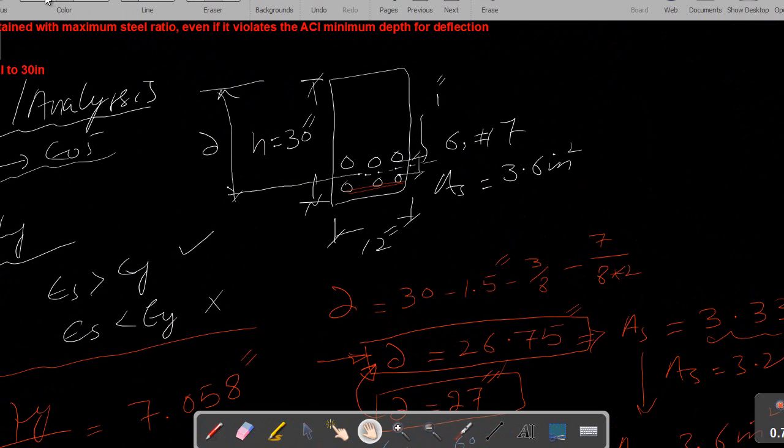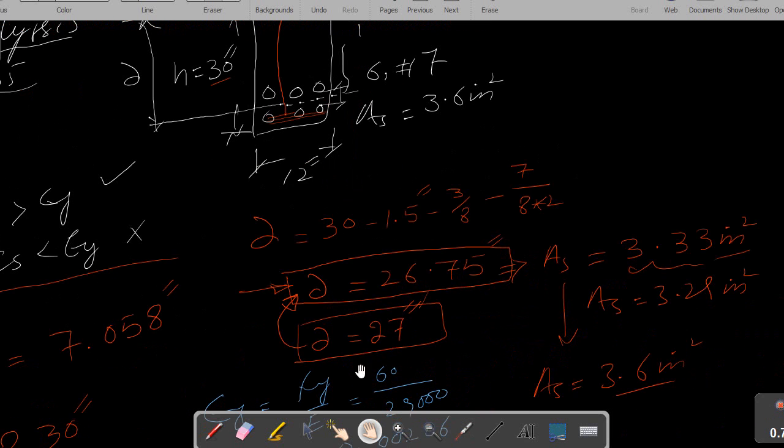dt is the distance from the center of the bottommost reinforcement to the top, right? This can be determined by 30 minus square cover minus 3 by 8 minus half of the bar. One thing we need here: we must subtract this half distance.